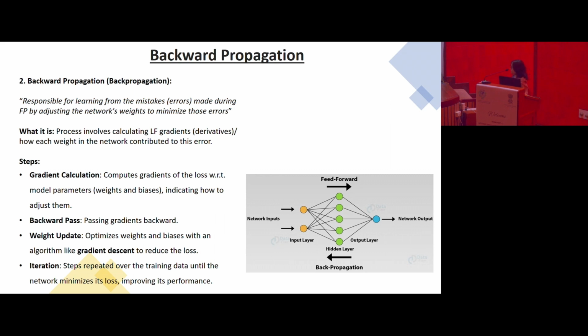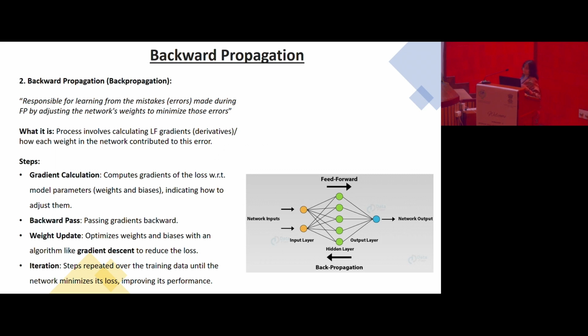So there are certain steps, like gradient calculation, in which the gradient is calculated with respect to the model parameters, including weights and biases. Then this gradient calculation is passed backward in the network itself, followed by optimization of these weights and biases with special dedicated algorithms like gradient descent so that it reduces the loss function.